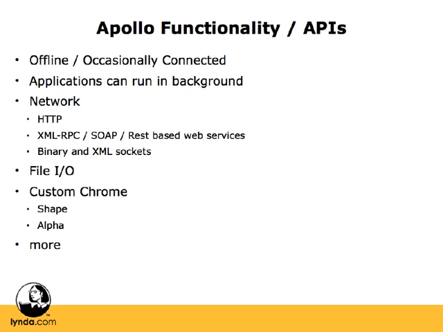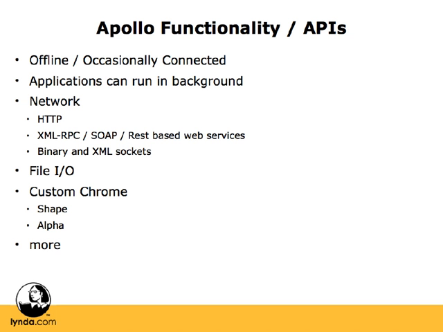Apollo exposes a number of APIs and functionalities to application developers. These are APIs that allow them to take advantage of being outside of the browser and on the desktop. Some of these APIs include the ability to build applications that work regardless of whether they're online or offline. Applications that can run in the background without any UI. Full network stack, and this includes things such as full HTTP support, XML-RPC, SOAP, and REST-based web services, and binary and XML sockets.